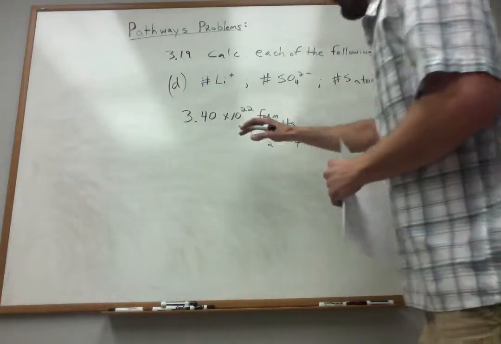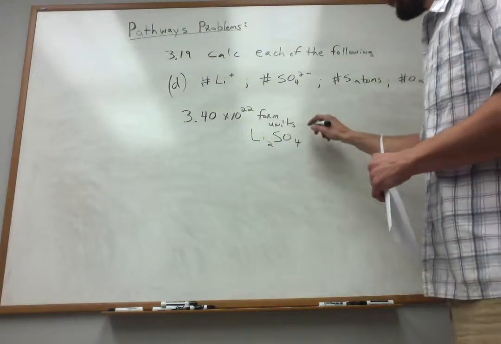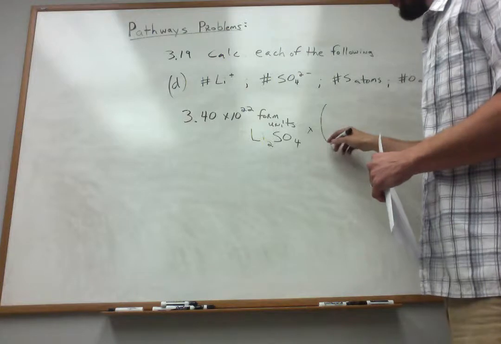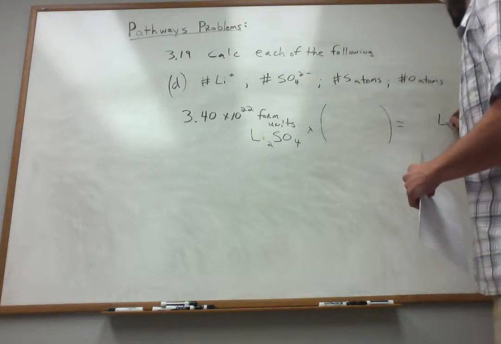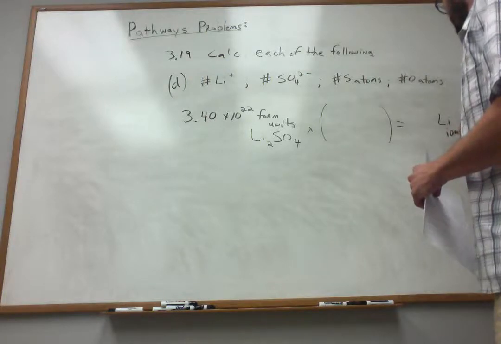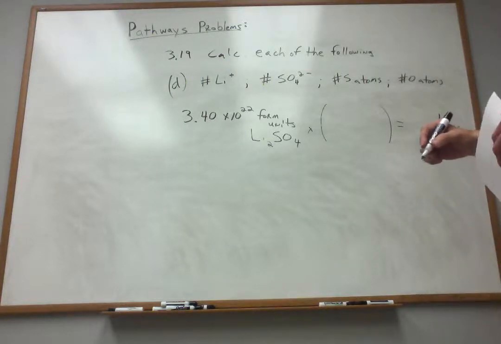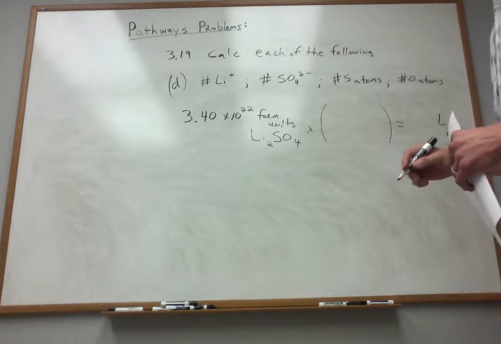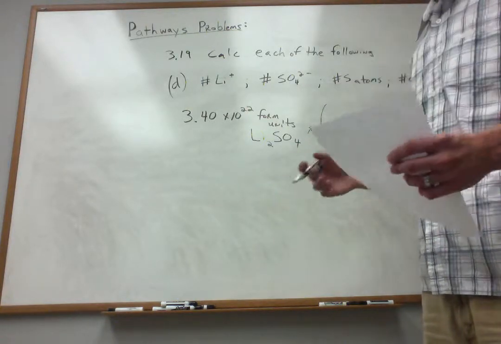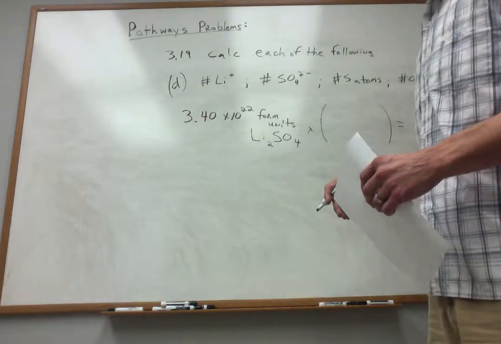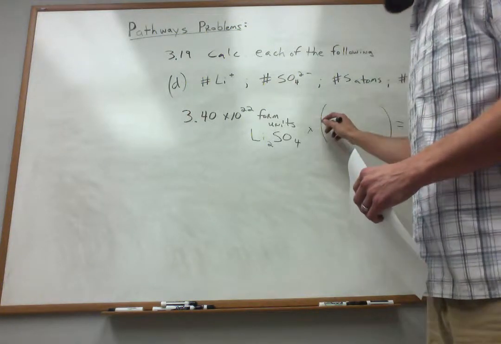So I know I've got this many formula units of this compound. Can I convert to simply a different unit, into the number of lithium ions or charged particles, okay? Well, first off, any lithium that's in this compound is an ion. Basically all the lithium, 100%, is an ion, okay? None of it is not an ion.